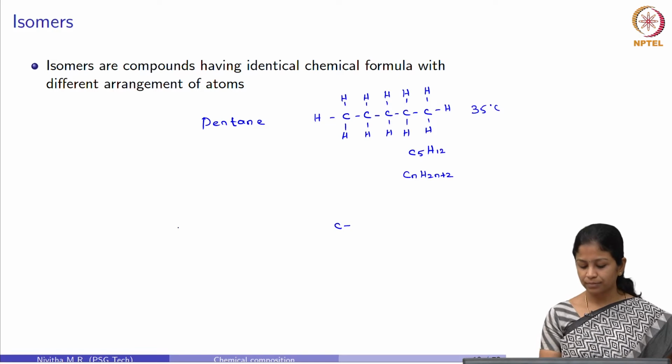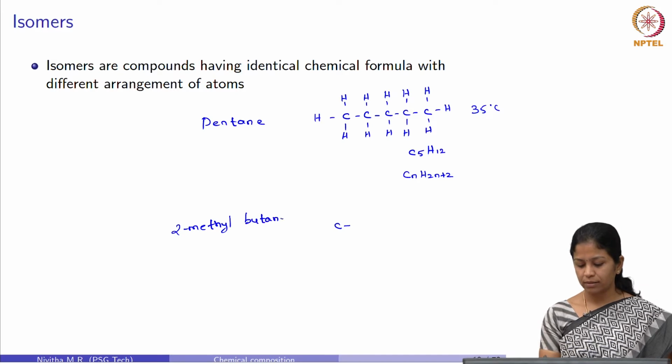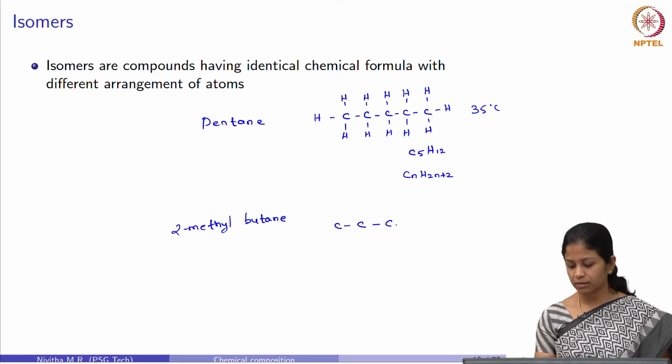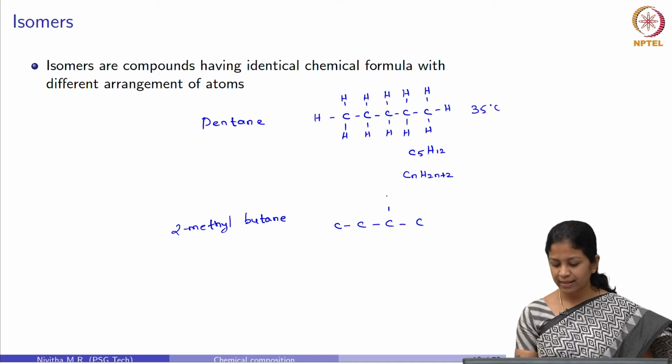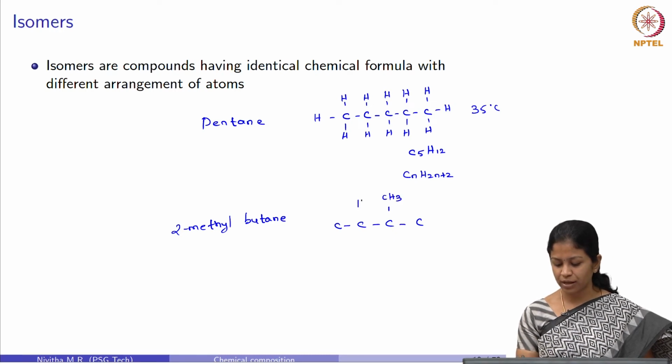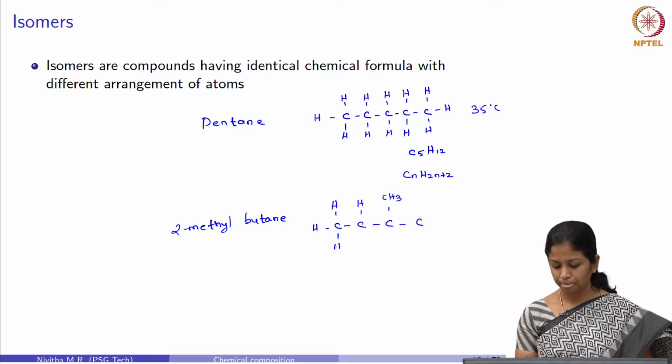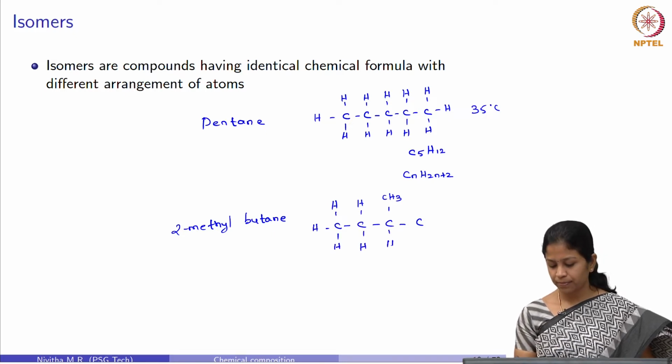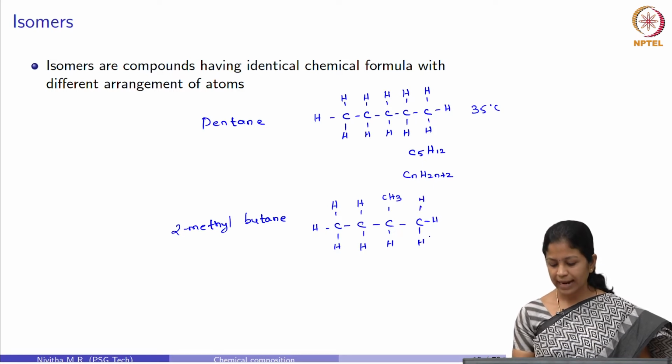Now, we will have a small variation. We will have 2-methyl butane. So, this is a 4 carbon chain. In the second position, we have CH3. Again, hydrogen atoms.